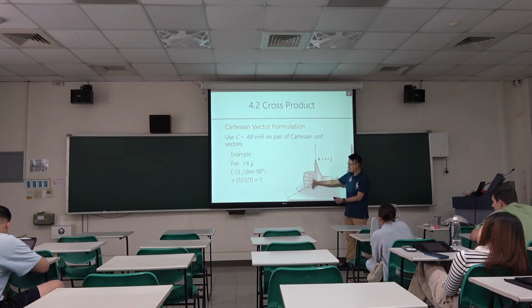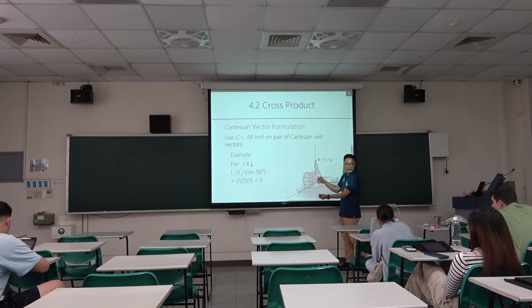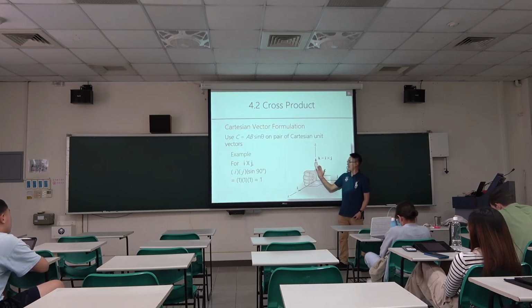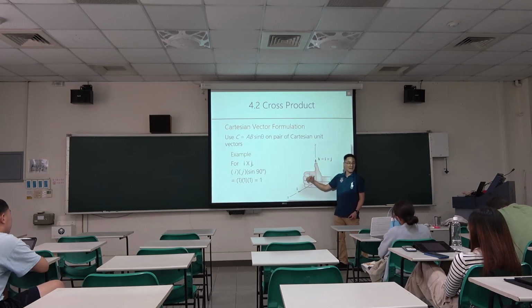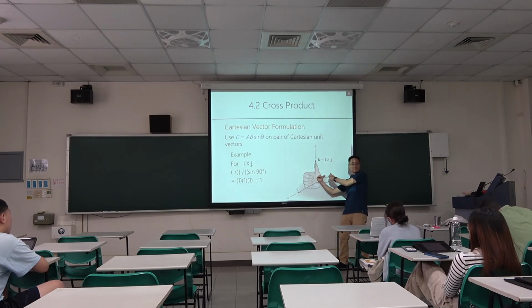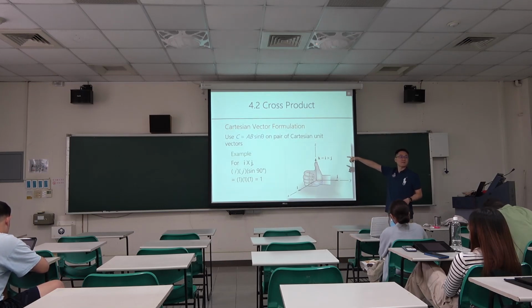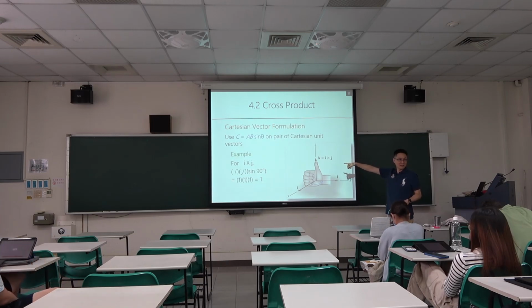Okay, i cross j gives us positive k. j cross k gives us positive i this way. So k cross i gives us positive j. So this is how we define positive direction.